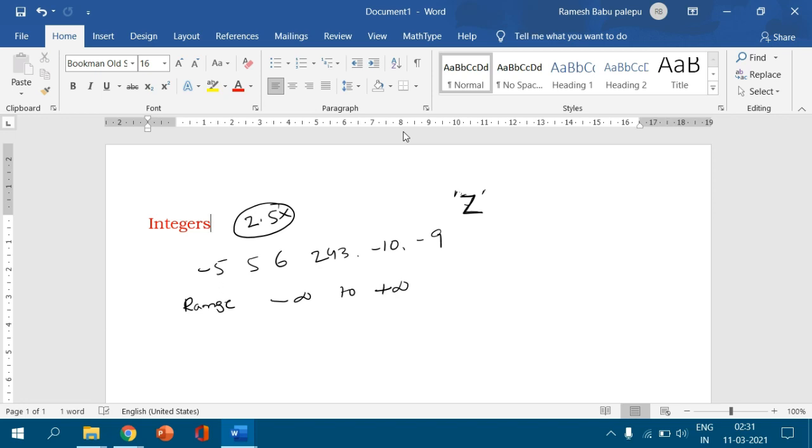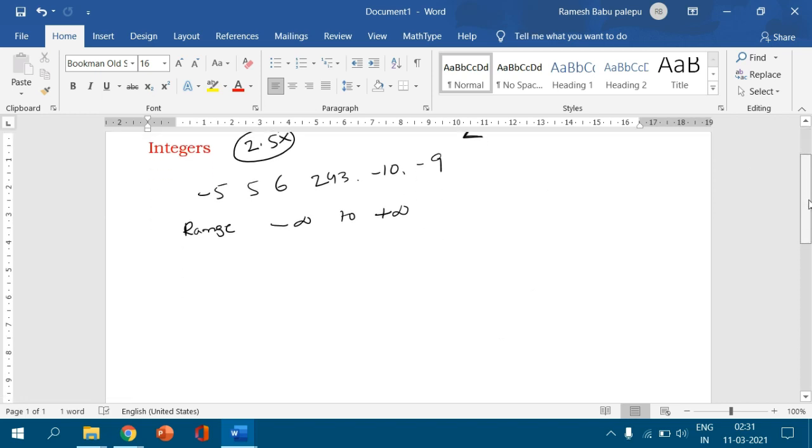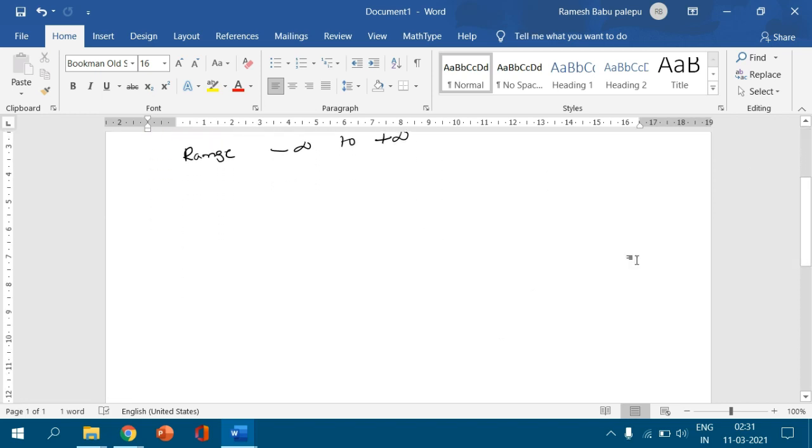So let us first consider the number line. Whenever we learn numbers, we use the number line. In the number line, the neutral point is 0. 0 is not a positive number, and 0 is not a negative number.